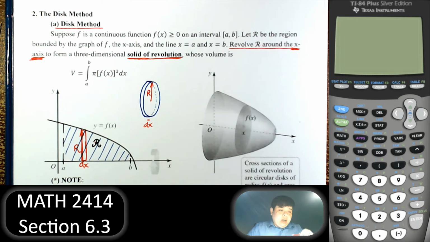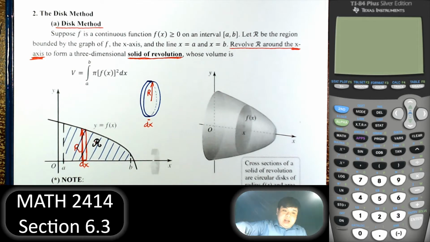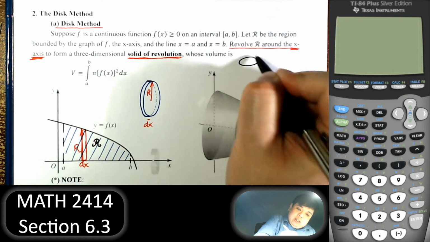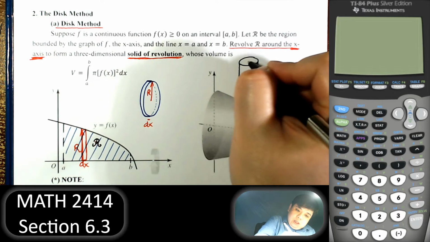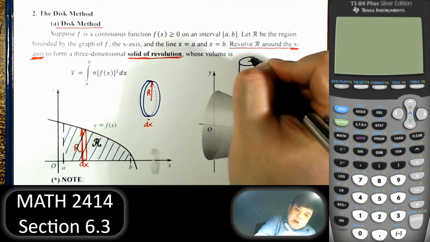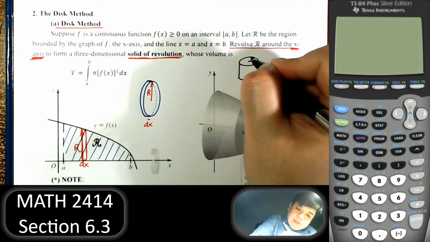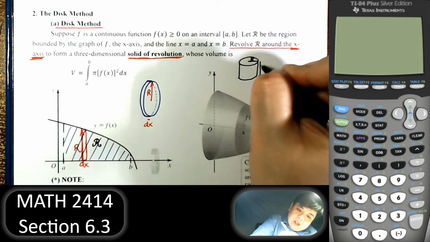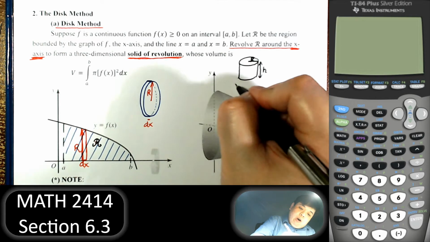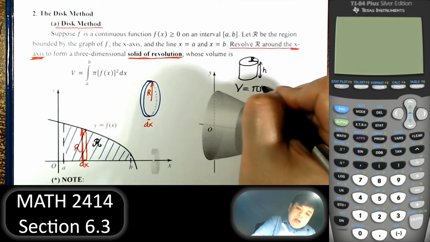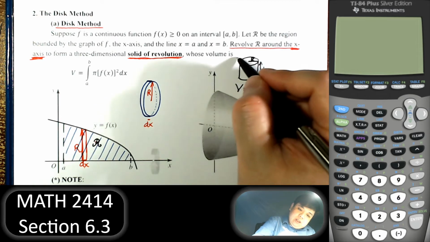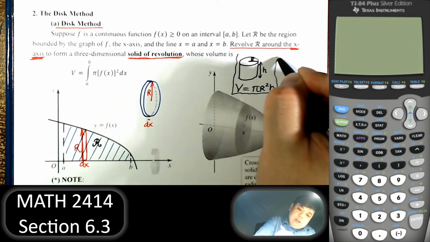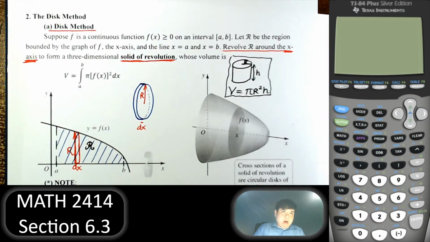And so the volume of this is a cylinder. If we turn it upside down, the volume of a cylinder with radius r and height h is equal to pi r squared h. That is the volume of a cylinder.